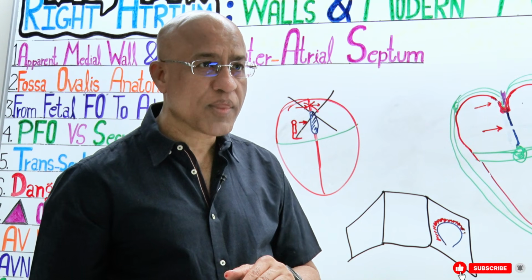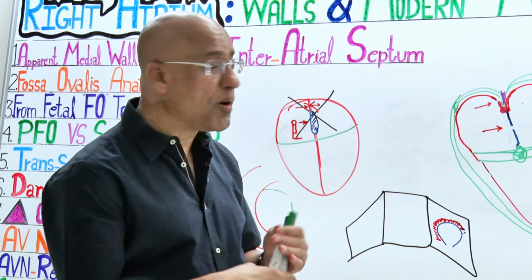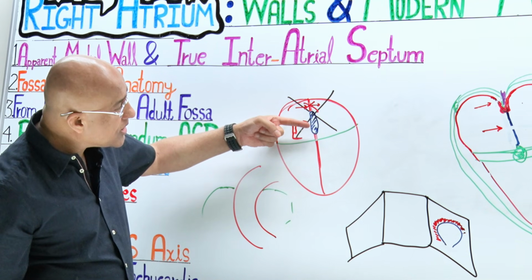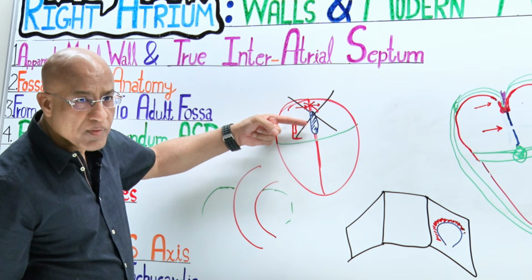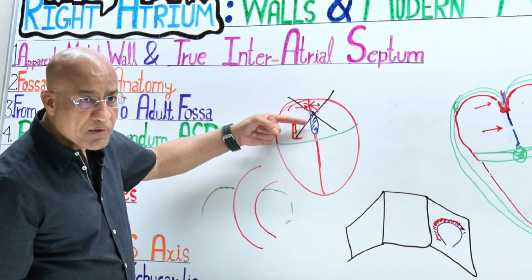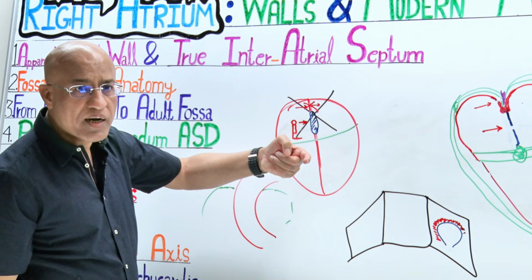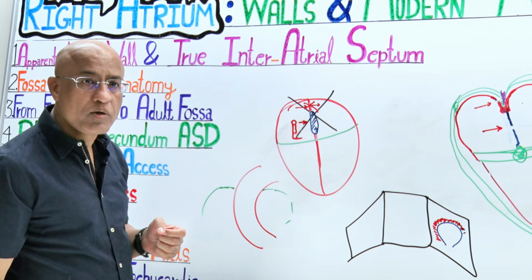So, again, it is not only about, sometimes even you are still puncturing the true fossa floor, but if you are puncturing too anteriorly, you can hurt the root of aorta.